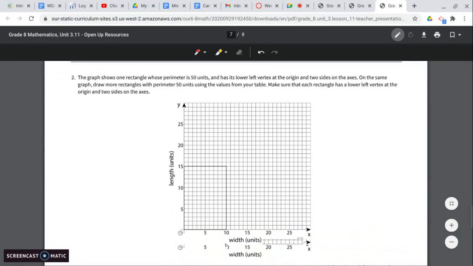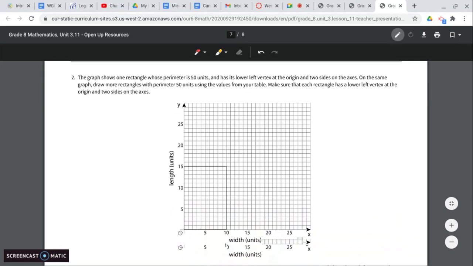So now the graph shows one rectangle whose perimeter is 50 units and has its lower left vertex at the origin and two sides on the axes. On the same graph, draw more rectangles with perimeter of 50 units using the values from your table. Make sure that each rectangle has a lower left vertex at the origin and two sides on the axis.